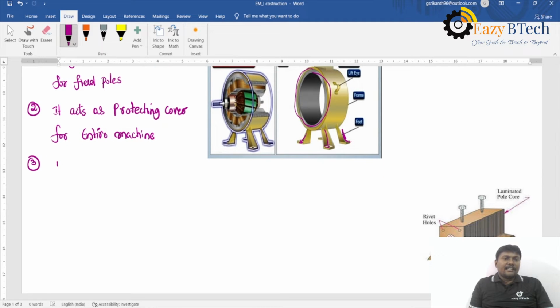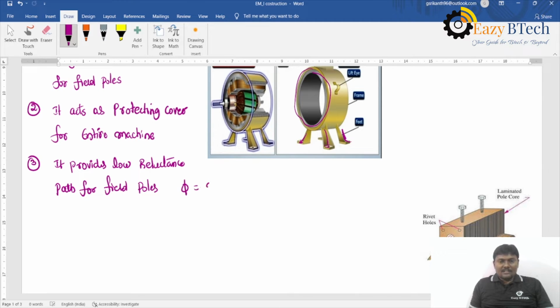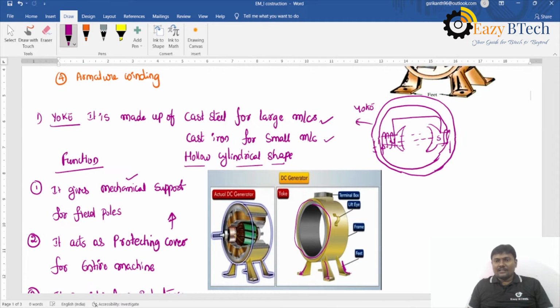The third and most important function is that it provides a low reluctance path for the field poles. Flux is equal to mmf divided by reluctance. If the reluctance value is low, then the flux distribution is more.